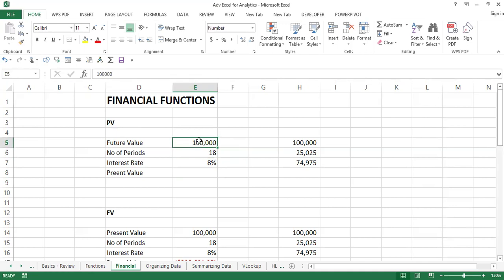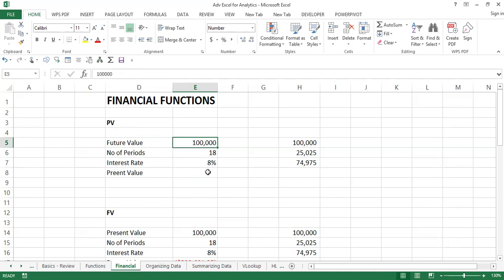Your goal is to have 100,000 naira in your account. That's the future value. You want to have that over a period of 18 years at an interest rate of 8%. So what is the amount you have to deposit in order to realize that future value?